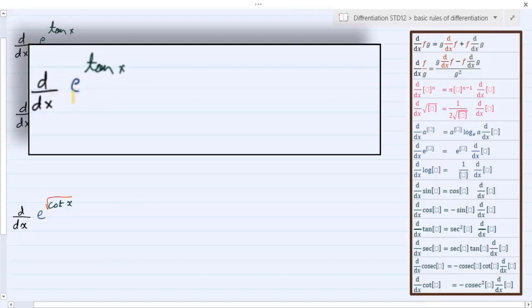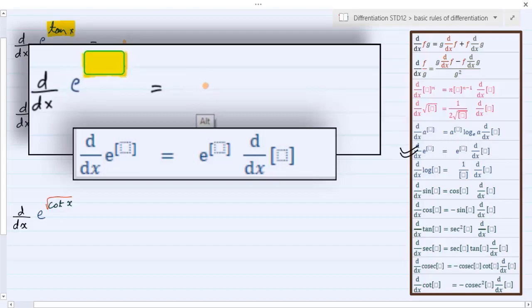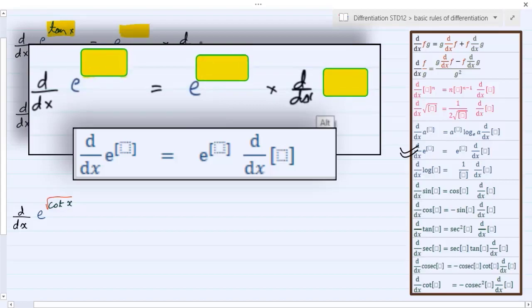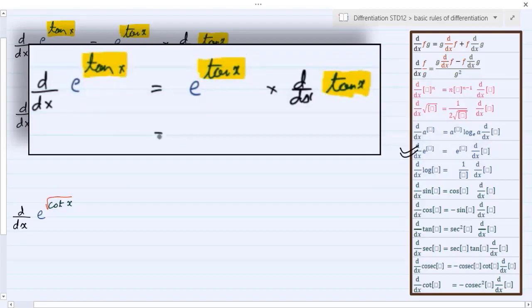Here we have to differentiate e raised to tan x. Tan x is an inner function. So consider a box around it and just differentiate e raised to box, which is e raised to box into d by dx of box, and within the box we have tan x, right?